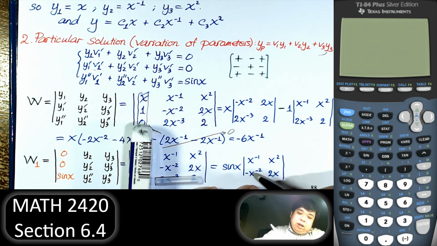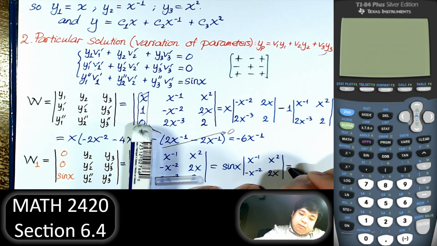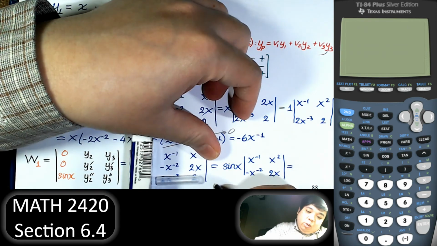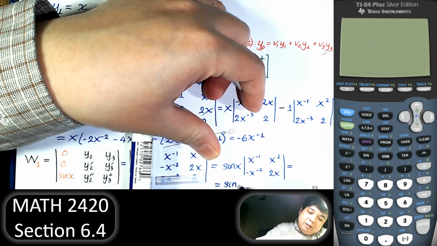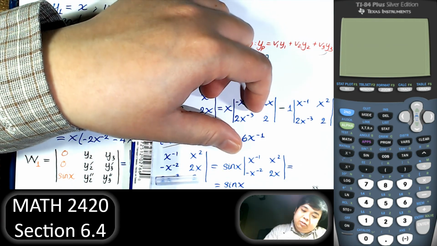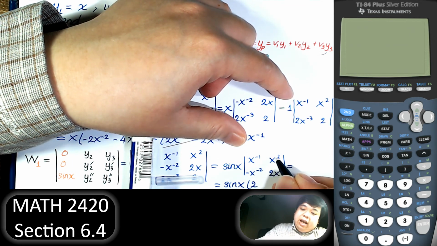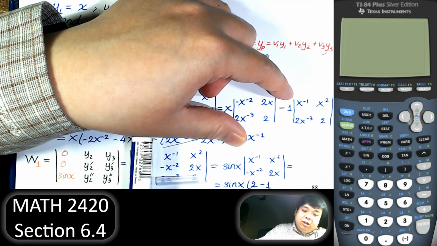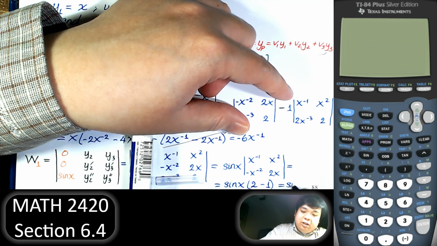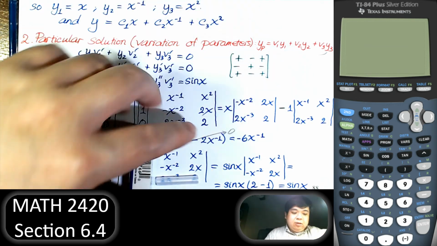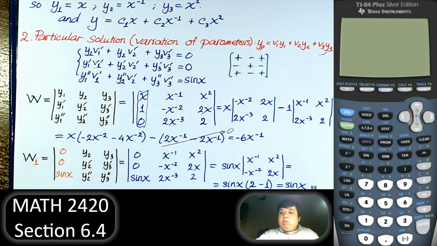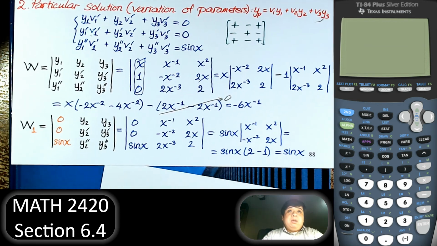Multiply that, we have sin x times 2, and multiply that gives us minus 1, so just sin x. Because the problem is way too long, I'm not going to complete it.